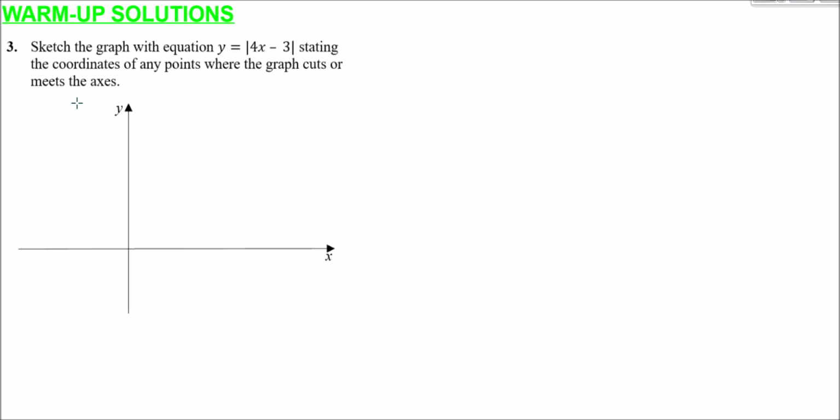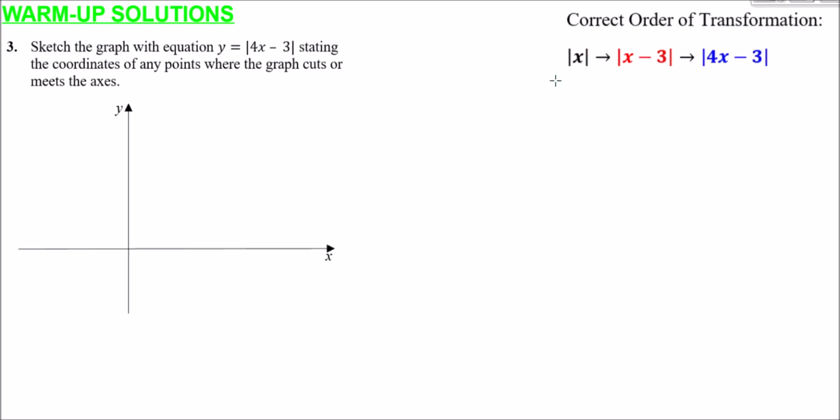The way I tend to do it these days is to just start with y equals mod x, the most basic function inside these modulus lines. Then, to transform it from y equals mod x to what this actually is, the correct order of transformations is very much the same as BIDMAS, but if we have anything inside brackets, or indeed inside the modulus signs, it works in the opposite order.